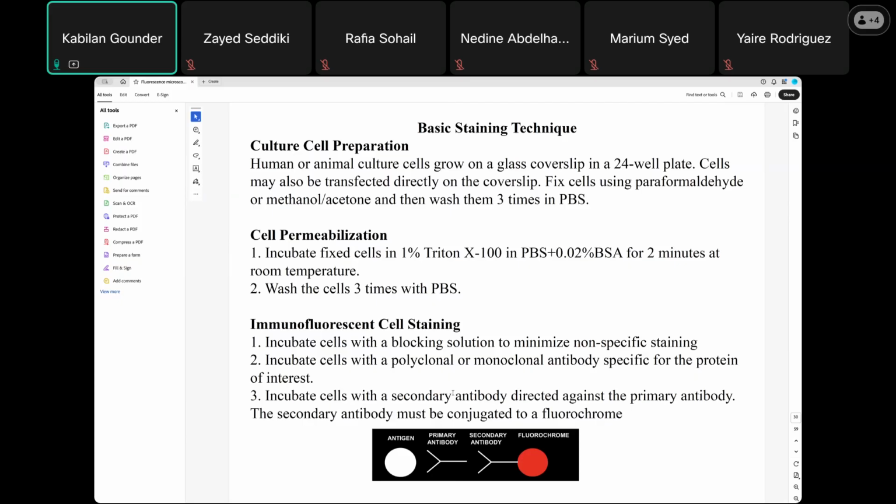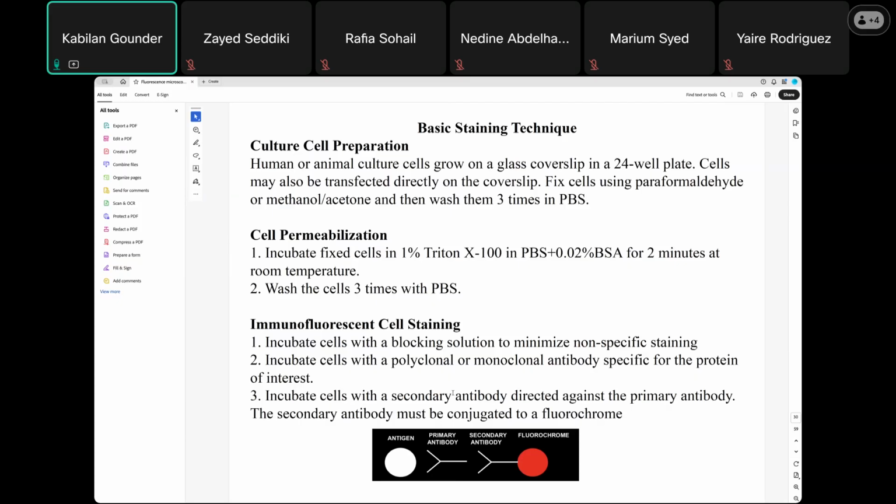So next is staining. That is another important thing. So you grow the cell line, then you fix it, then you use Triton X and BSA, and directly you can label the cells with a blocking solution to minimize non-specific staining.